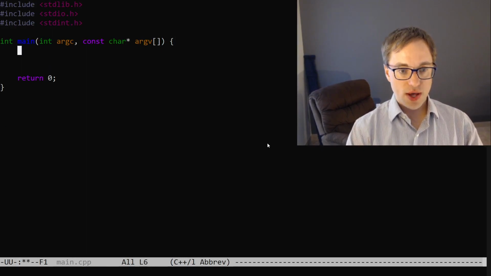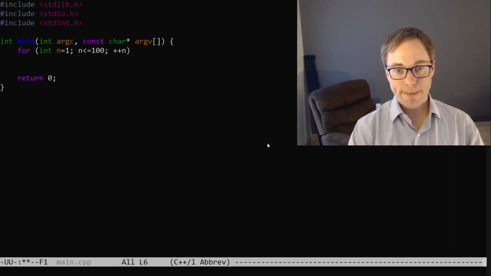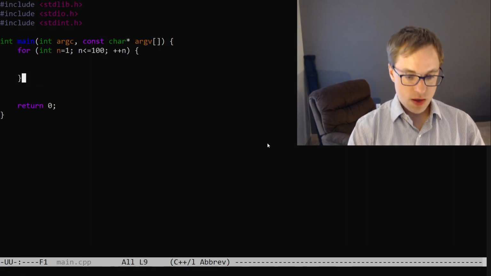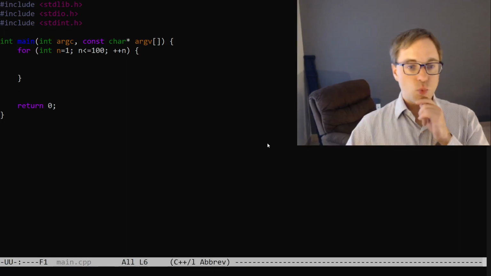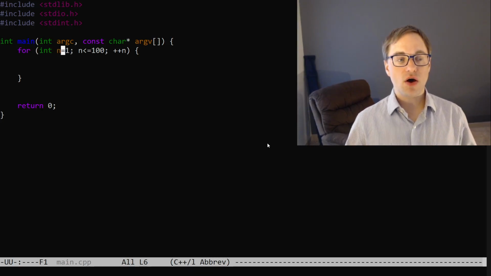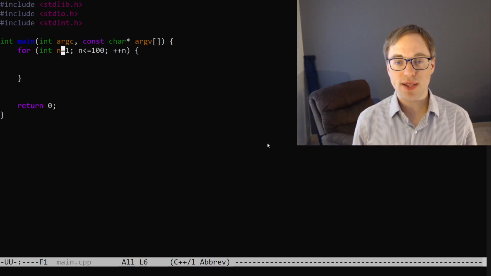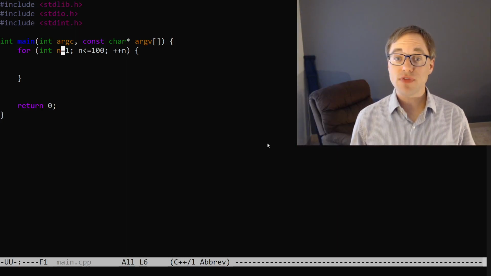Okay, so let's say for int n equals 1, n less than or equal to 100, increment n. But actually, we're not going to start at n equals 1. I was a bit hasty in typing that in here, because on a given row, we want to continue searching until we come to an element that is greater than 1 million.